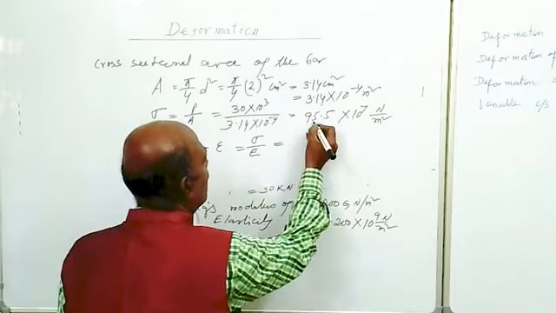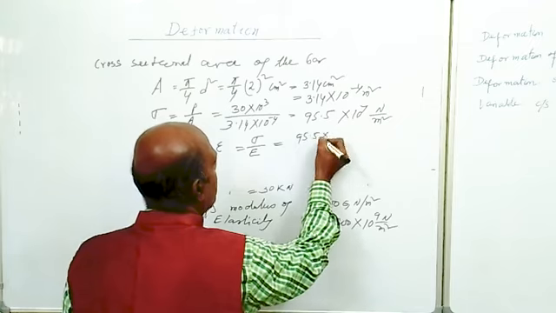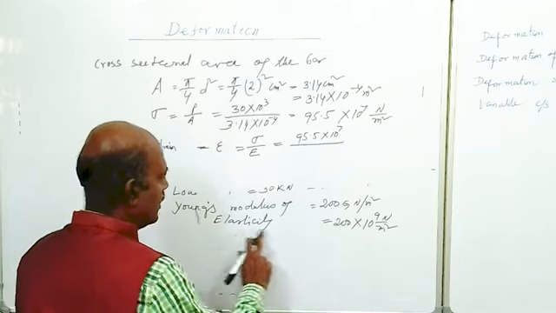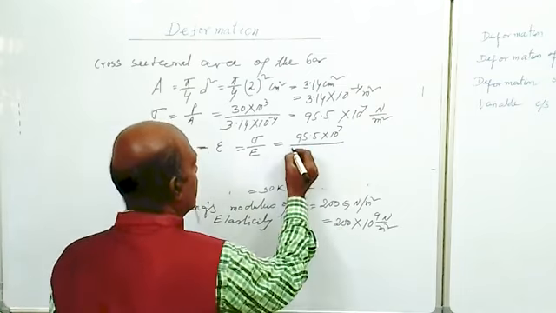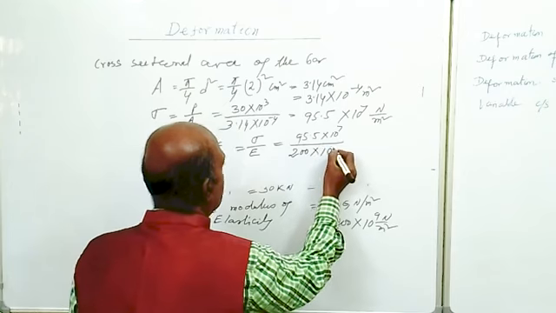So we have 95.5 into 10 to the power 7 divided by 200 into 10 to the power 9.